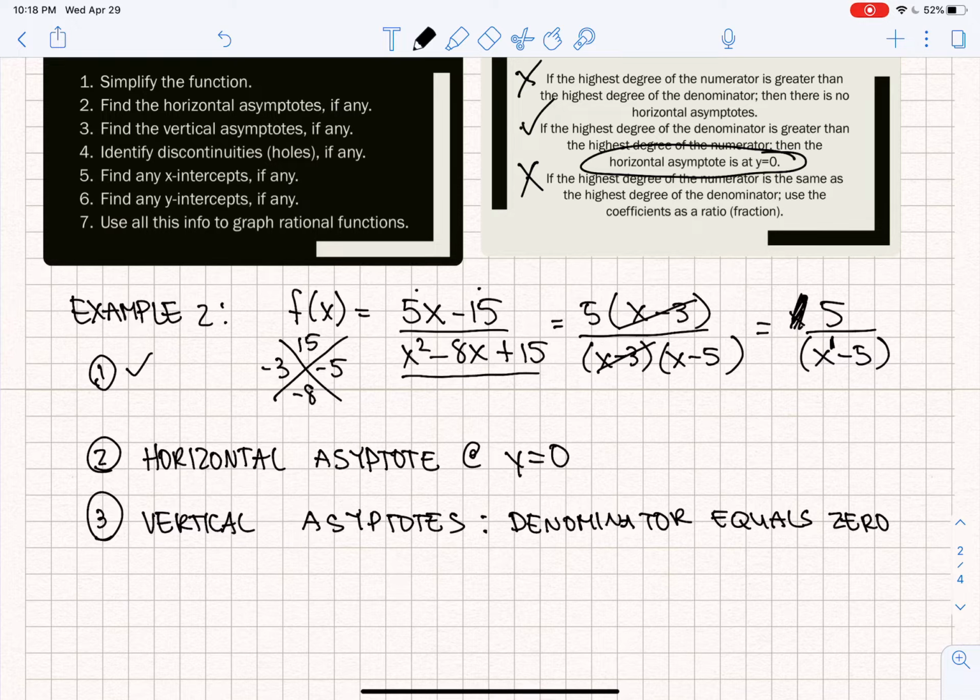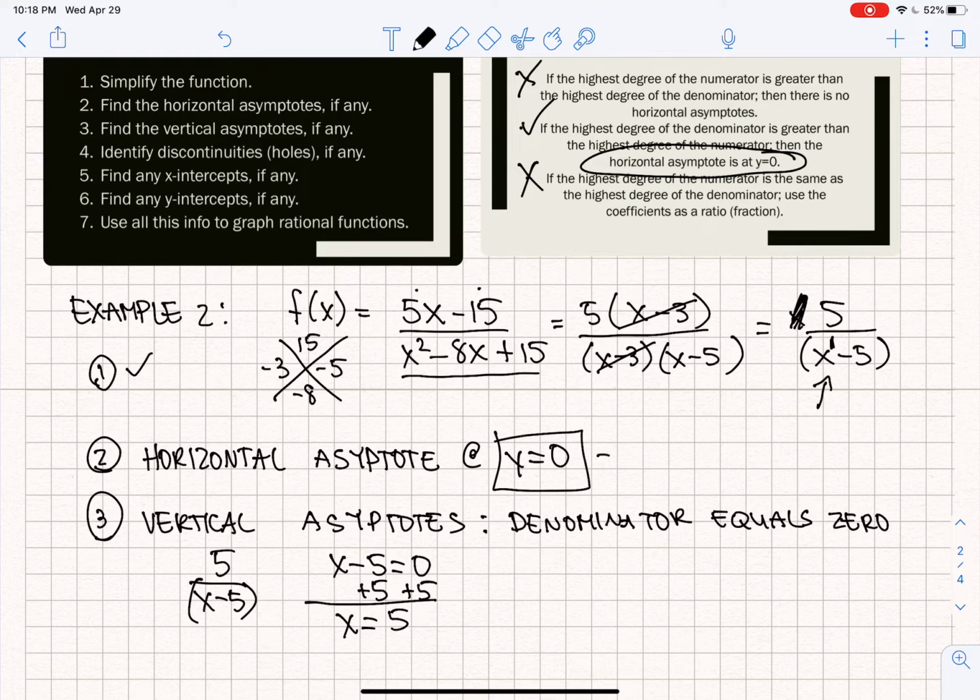What is our denominator? Our denominator is x minus 5. So we're going to set x minus 5 equal to 0 and solve for x. So our horizontal asymptote is y equals 0, and our vertical asymptote is at x equals 5. All right, so 1, 2, 3 done.